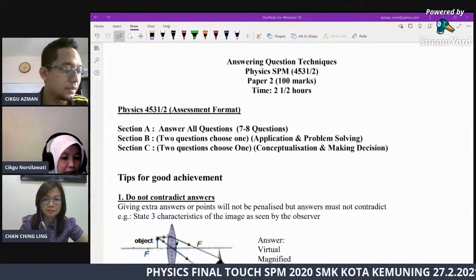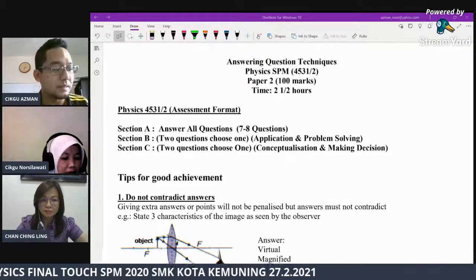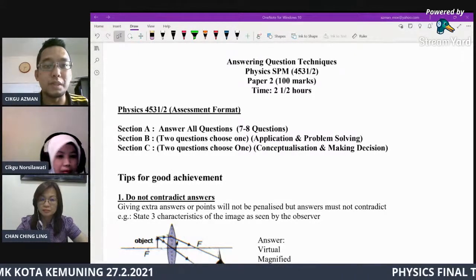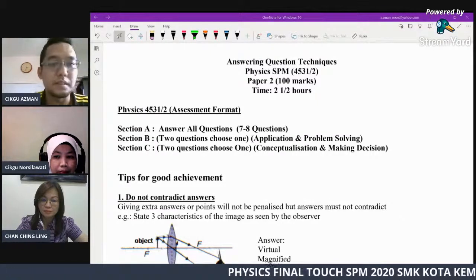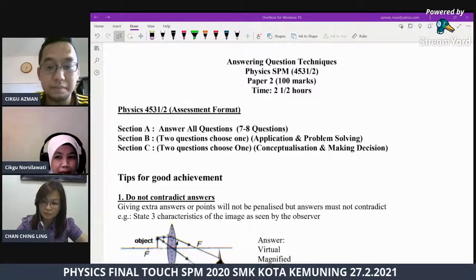So harap semua berada dalam keadaan yang sihat, dan bersedia untuk menghadapi peperiksaan SPM, terutamanya kertas fizik. Okay, baik, kita mulakan.